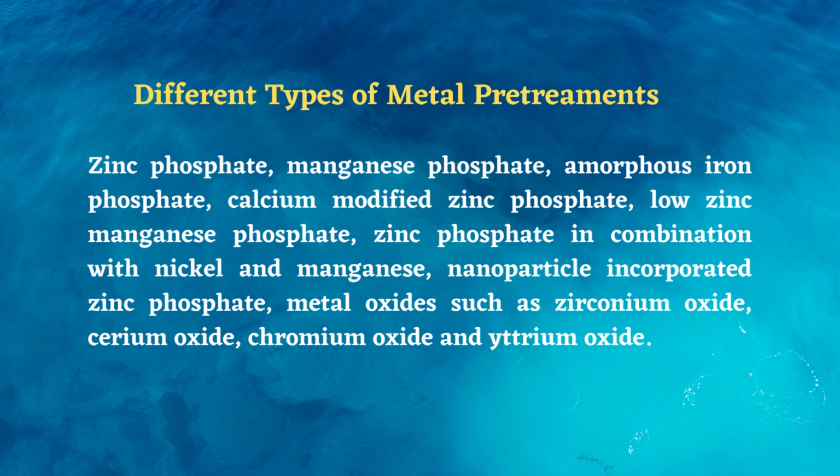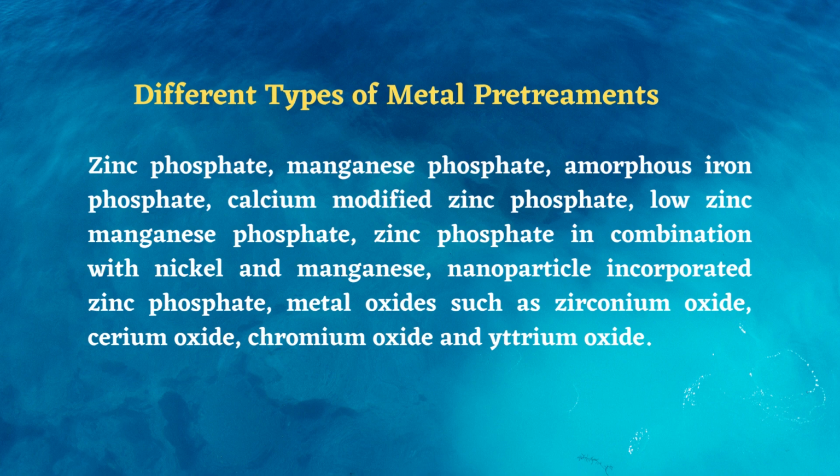Mill specification classifies the types of chemical conversion phosphate coatings as M-type for manganese base and Z-type for zinc base.